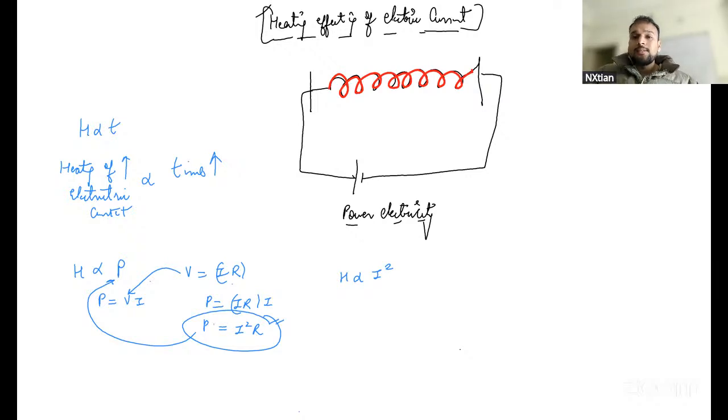Did you understand, guys? That's why a fan dissipates just a small amount of heat, but the iron dissipates a large amount of heat. Why? Because in the iron, a huge amount of current is coming into it.